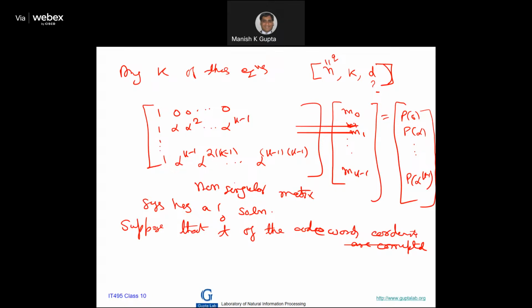Assuming that we don't know where the errors are, we might construct all possible distinct systems of K equations.